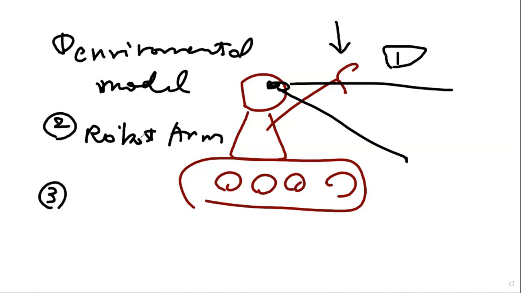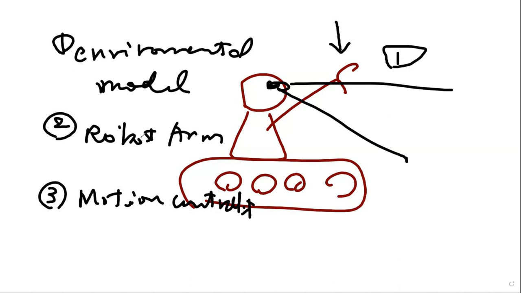Third, you also need to know how to do motion control. These are three topics usually needed for a robot to control, to build up the environment to avoid obstacles.